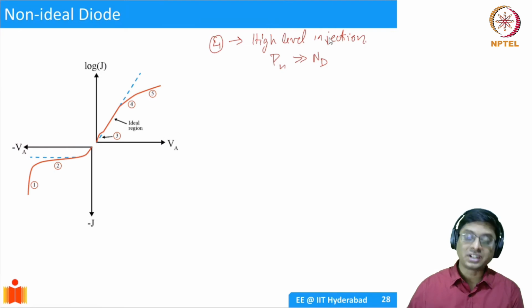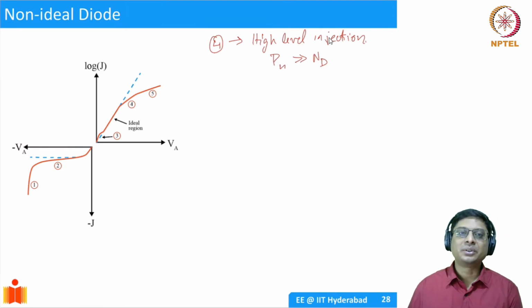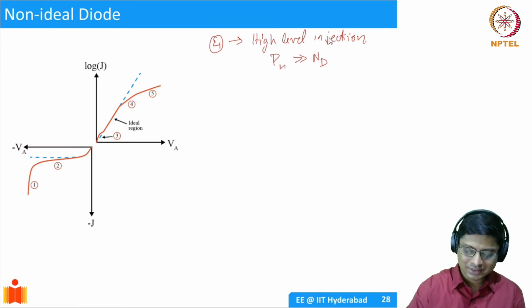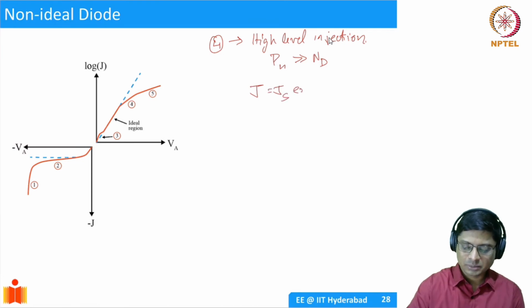So if pn is actually greater than that, then we get into a regime which we call high-level injection, and the analysis becomes slightly more complicated. We won't really get into it. We'll simply say that now J equals Js times exponential of qV applied divided by 2kT, minus 1.